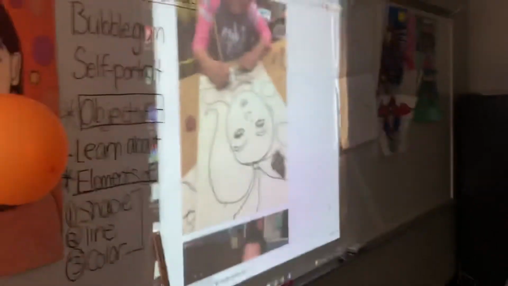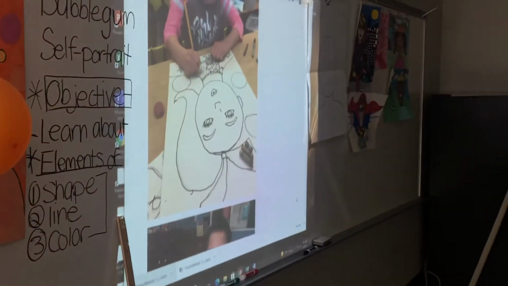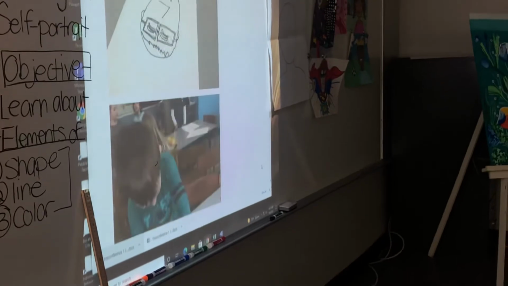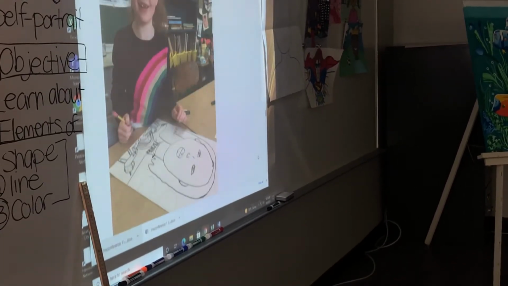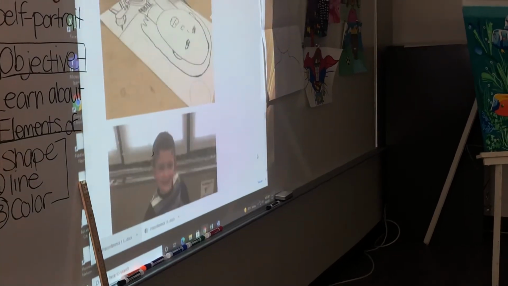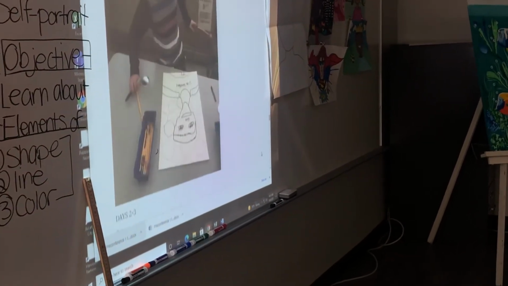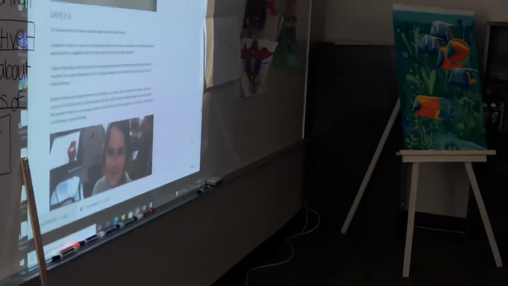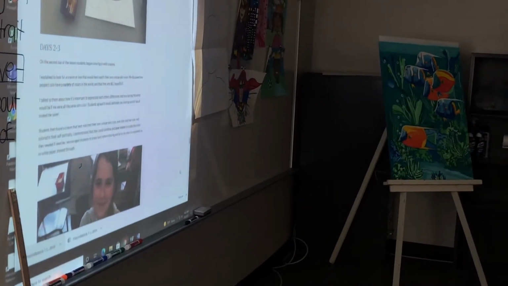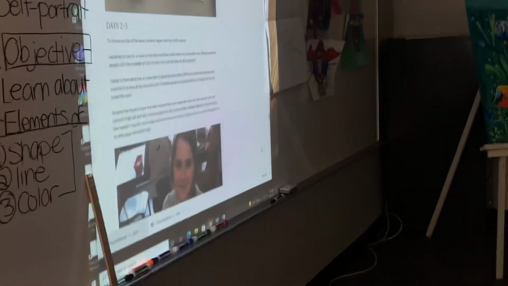So see, they did it in pencil, then they're outlining it in marker. Are these kindergartners? No. They're first graders? I think they're first grade, but this project will work for any age. And you guys will probably have more advanced looking pictures because you're third grade.